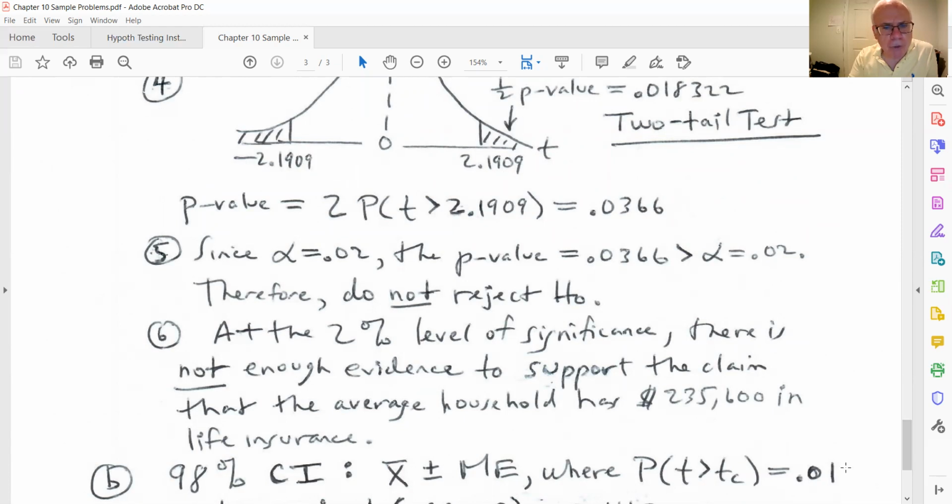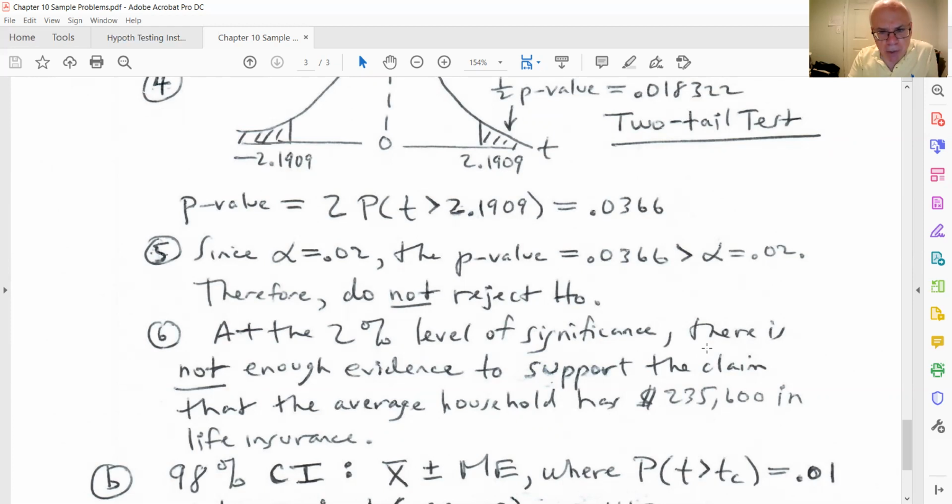I think that's not correct the way I said that. There's not enough evidence to support the claim that the average household does not have $235,600. So this is not stated correctly. I said it incorrectly here. I'll have to redo this.